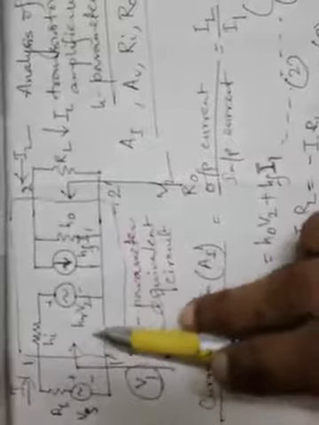HR V2 is the voltage source over there, so using KVL. Previously it was using KCL. So you need to apply KCL at the output side because of parallel connection, and because of series connection you need to apply KVL at the input circuit.